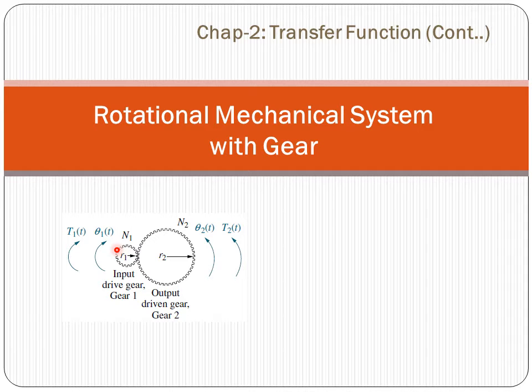So what will happen, if the smaller gear rotates 5 times, the larger one will rotate only once. It means that the displacement theta 1 is 5 times higher than the displacement of theta 2. So what happened to the T1, we will talk about in our next slide.